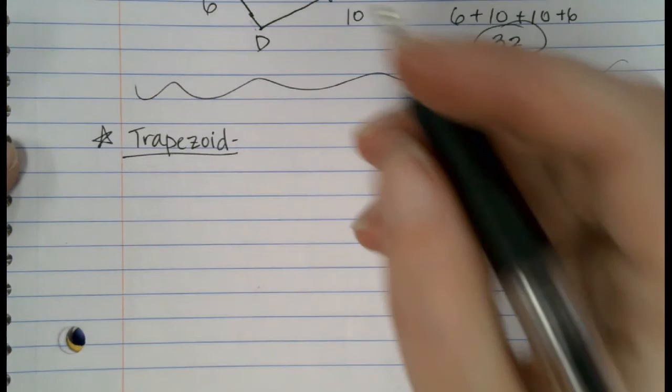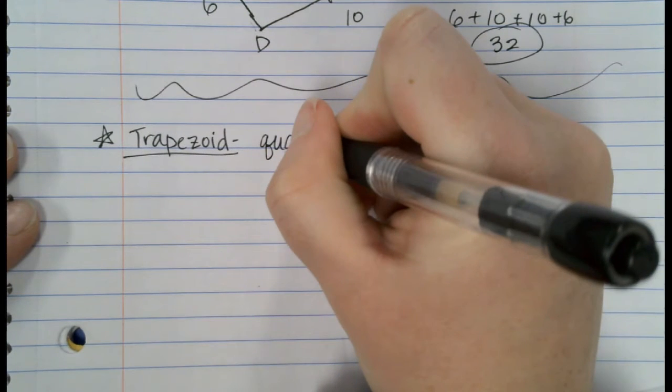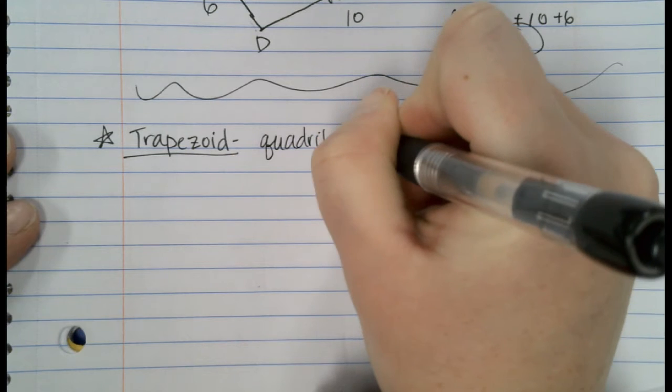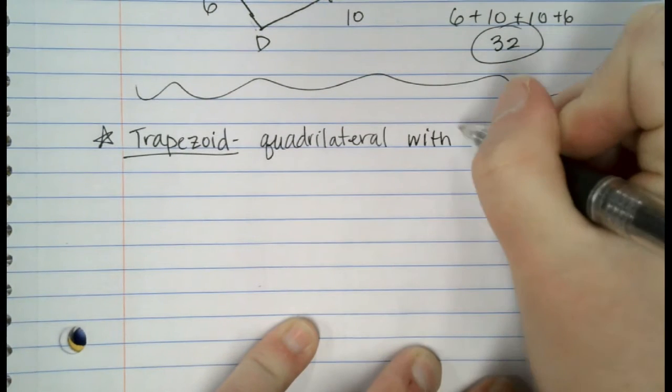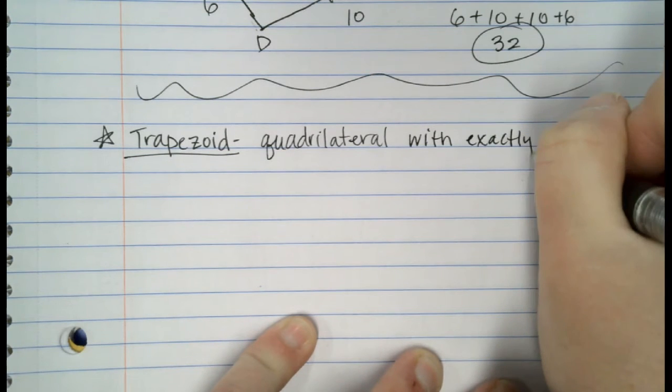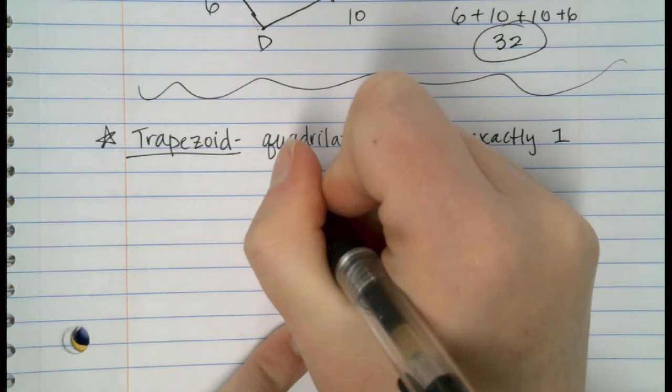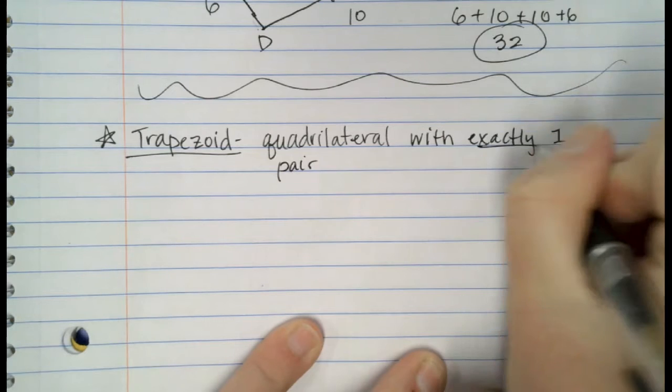Alright, so this is a quadrilateral, obviously, with exactly one pair of parallel sides.